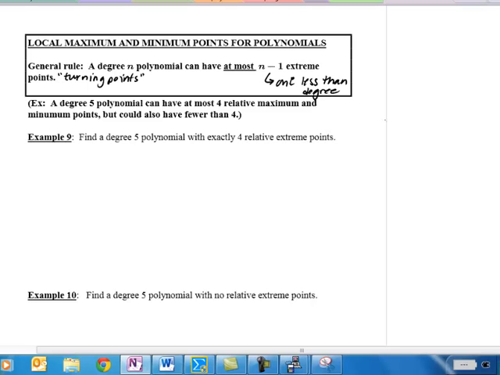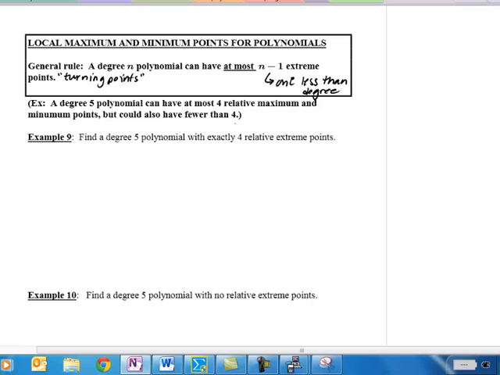A polynomial doesn't need to have that many, but it's only possible to have up to that many turning points. So for example, a degree 5 polynomial can have at most 4 relative maximum and minimum points, so at most 4 turning points, but it could certainly have fewer than 4 as well.